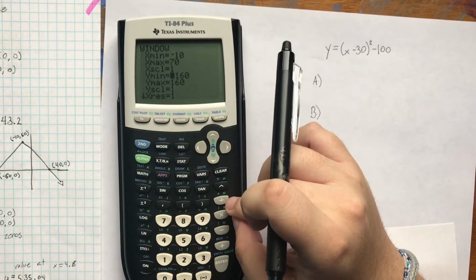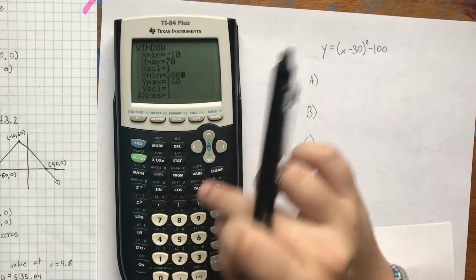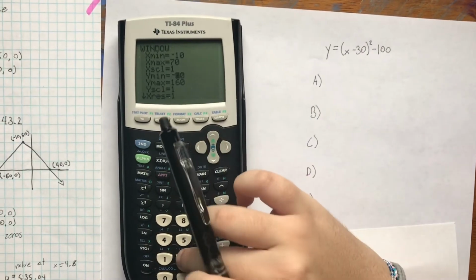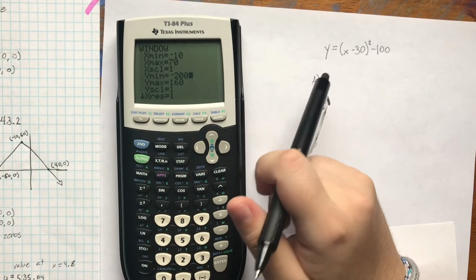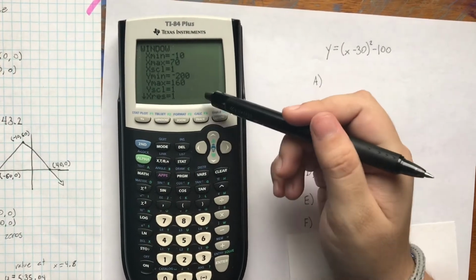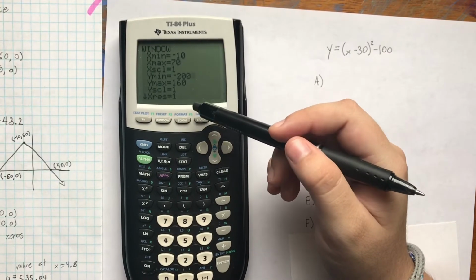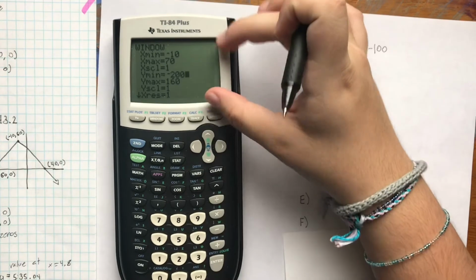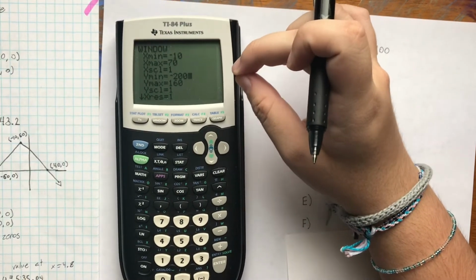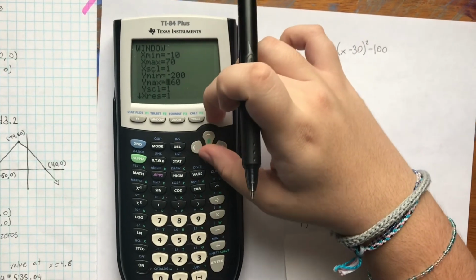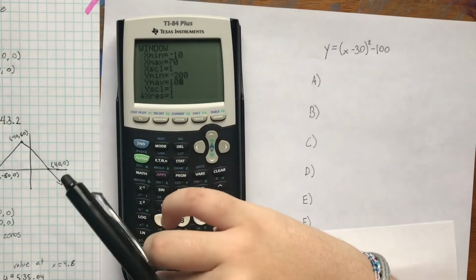For our y minimum, I'm going to go to about negative 200, so that we have a good buffer between the bottom and our minimum, because we already know that this graph is going to be really squished together because we're going to have a y all the way up to 700. Which leads us to our y max, which I'm going to put as 1,000.